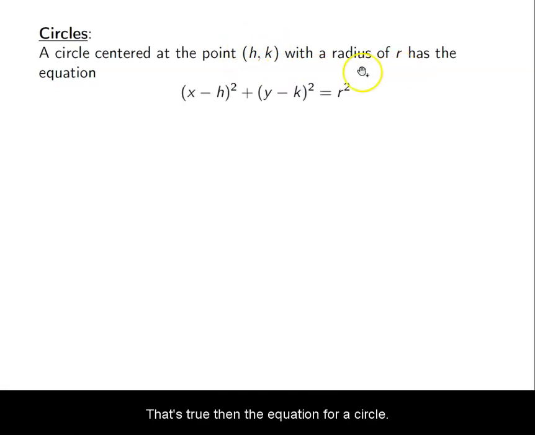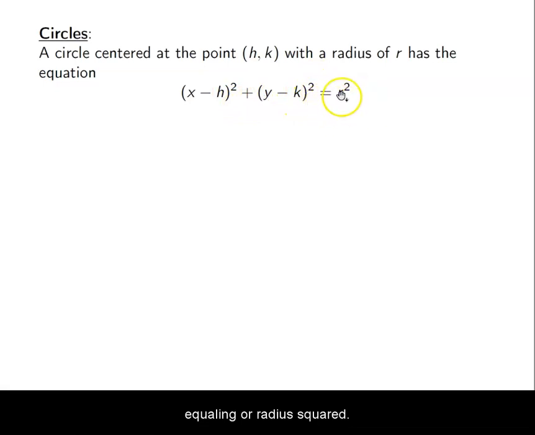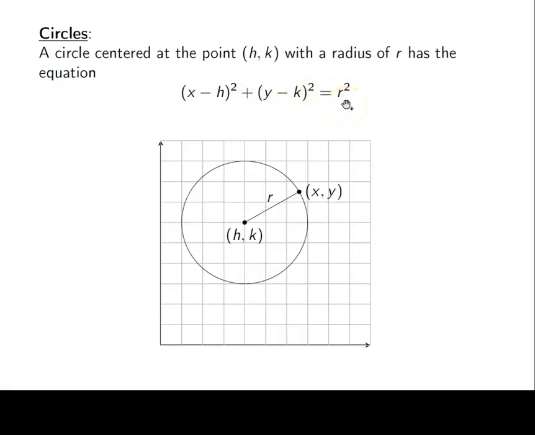That's true, then the equation for a circle is going to be X minus H squared plus Y minus K squared equaling R radius squared, right? And it looks like this. So here, this is a distance of H, this is a distance of K, that's why this is the point HK. If I want to be a point XY anywhere on my circle, that's where the X and Y comes in.